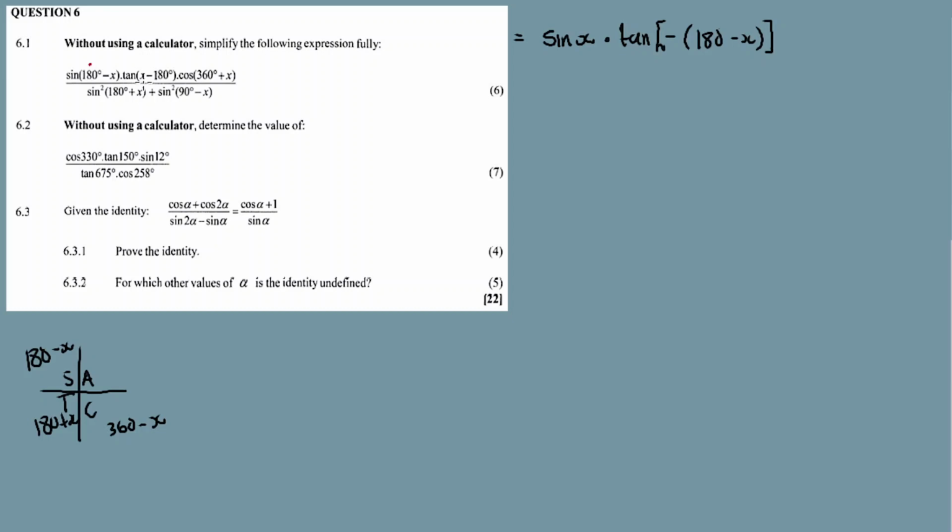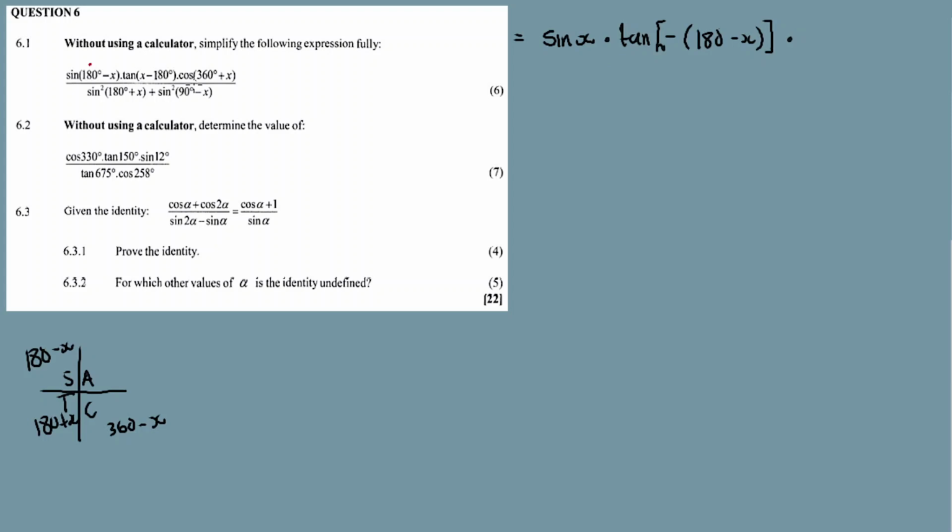So we apply a sign change rule so that we change our signs inside the bracket, so that 180 comes first and is positive, then the x follows, which is negative. Then it turns this whole thing into a negative angle. So we treat it as a negative angle. Simplify this before simplifying the reduction formula. Okay.